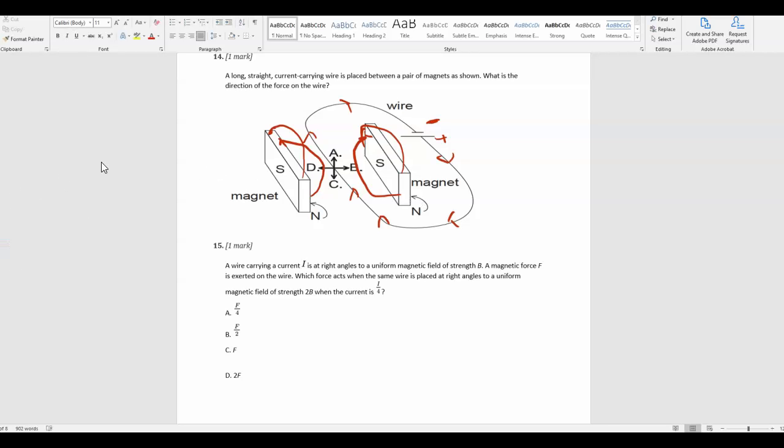Okay, so my issue with this question is it's not drawn very well, to be perfectly honest, because I can't tell. I can't get a full idea of the three-dimensional picture here because of the way it's being drawn. And I know what the answer key says the answer should be, and I'm not exactly sure where they're getting this answer from.